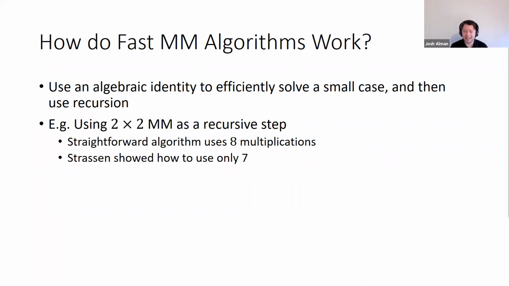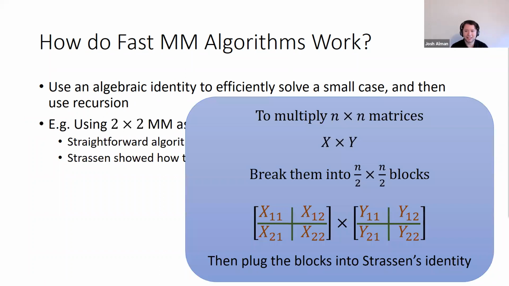Once he has this algorithm for 2 by 2 matrix multiplication, he uses a recursive approach to multiply n by n matrices. To multiply these bigger matrices, you block them into n over 2 by n over 2 blocks. So you think of each as a 2 by 2 matrix where each entry is itself an n over 2 by n over 2 matrix. Then you just plug those blocks into Strassen's identity, which shows you how to recursively do only 7 multiplications of these smaller n over 2 by n over 2 matrices in order to multiply n by n matrices.